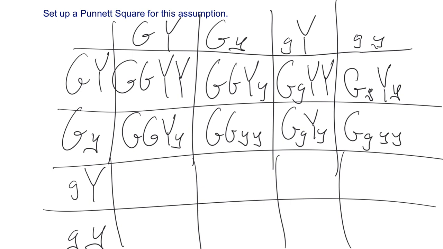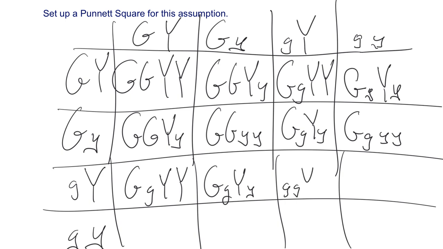I would not do this on a test because it takes way too long. I'll probably mess up. I'm trying to do this fast. Notice I always put the capitals first.